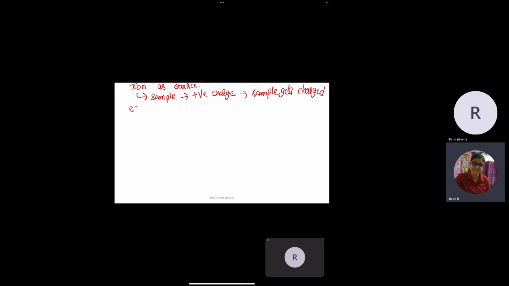But when an electron falls on the sample, if it is a conductive material, then the electron passes through the material, conduction happens, and the circuit will be closed. But if it is a non-conductive sample, then electron charge buildup will happen on the full surface.